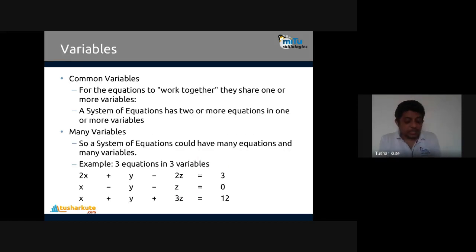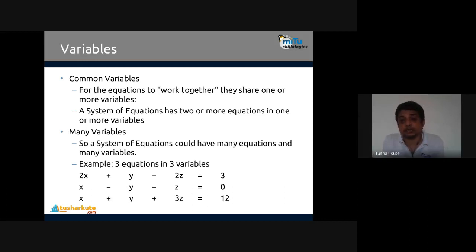Now, in the case of linear equations and linear systems, we can have common variables. Common variables means that for equations that work together, they share one or more variables. That's called common variables. A system of linear equations has 2 or more equations in 1 or more variables, like x, y, z.